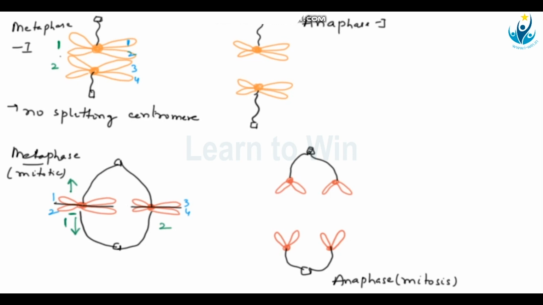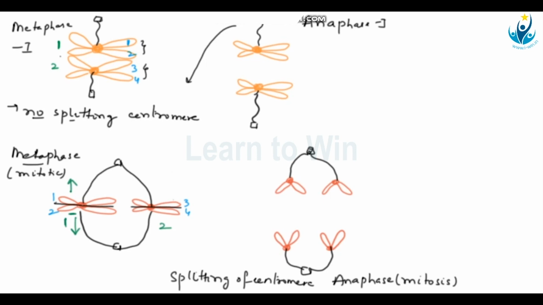That is not happening in anaphase 1, because it is not the sister chromatids that are getting separated, the entire chromosome is getting separated. So there is no splitting of centromere in anaphase 1 of meiosis, whereas you will see that splitting of centromere in anaphase of mitosis.